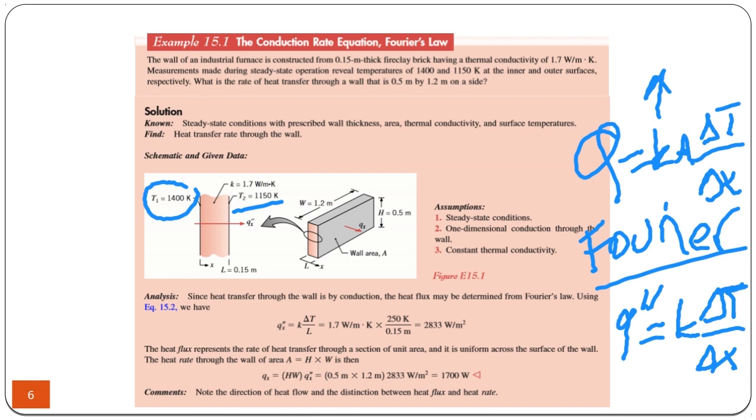So k times delta T divided by L, which is this one, will give you 2,833 watts per square meter of heat. And because you have an area of 0.5 times 1.2 meters, meaning that it's 0.6 square meter, then the heat loss is 1,700 watts.